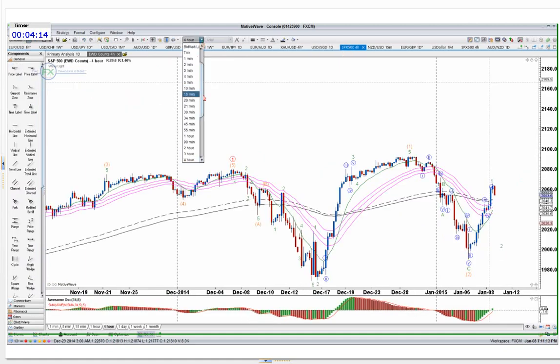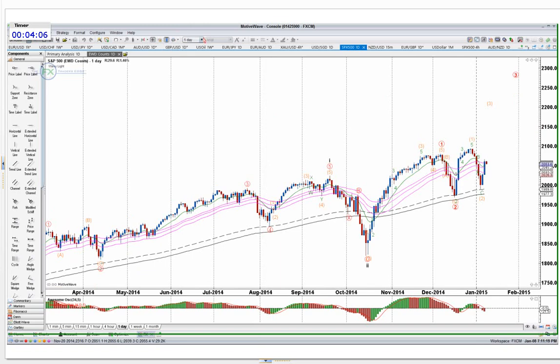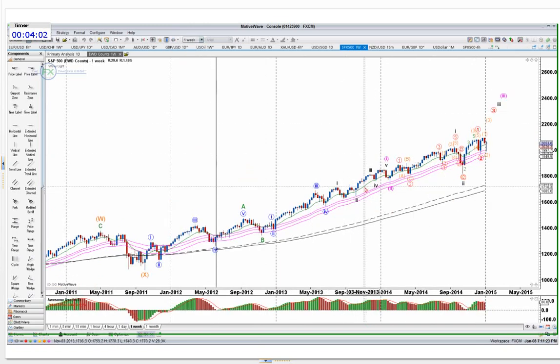The S&P, let me go back to the weekly. Now, this is our wavy tunnel setup. So you can see, first of all, that price is above all the moving averages. The S&P had one major sell-off over here and then another one, but with a very quick move back up again.